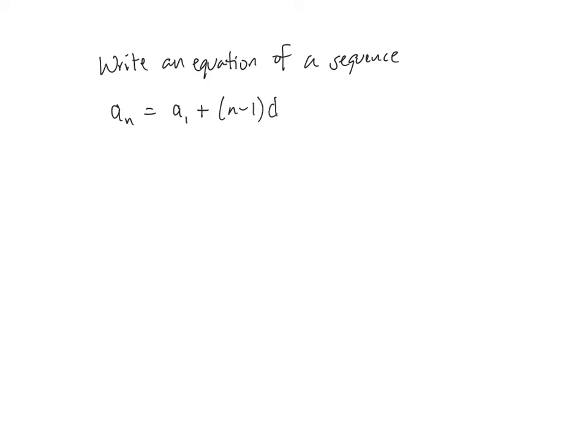Okay, so this is how you would say it: a sub n equals a sub 1 plus n minus 1 times d. So the a sub 1 is just the first number in the sequence. And then the d is the common difference.